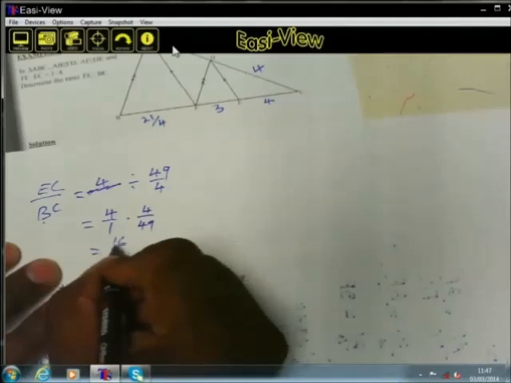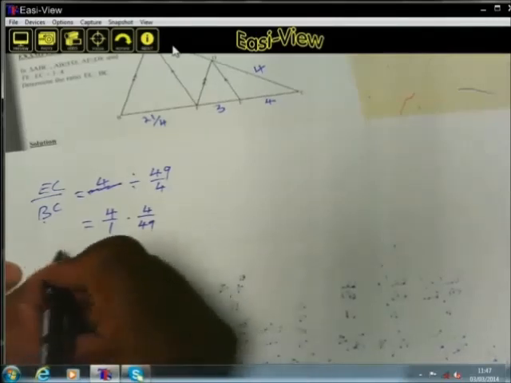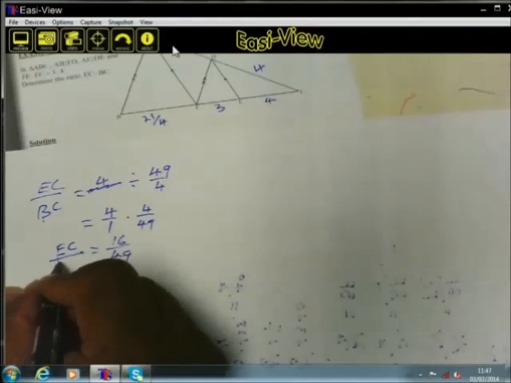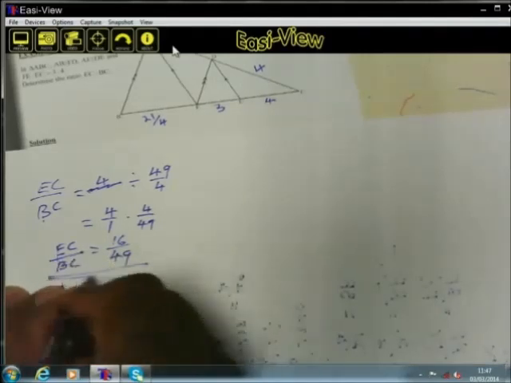Multiply together, we've got 16 over 49. This is the ratio of EC over BC. Ultimately, that will be our final answer.